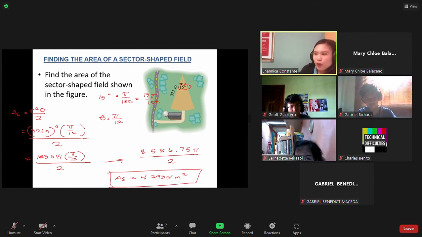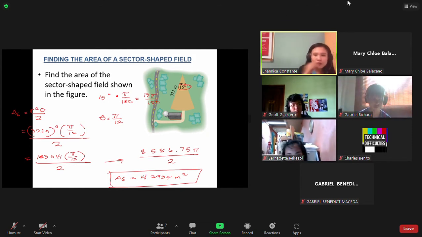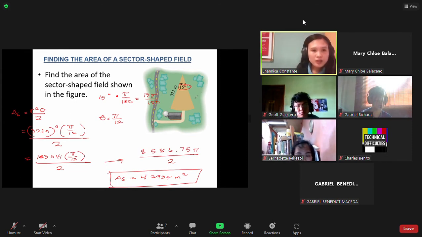But if we're going to convert this area of sector by giving the value of pi, which is 3.14, it will proceed to 13,488 or 13,500. That's how we solve if the angle given in the figure is in terms of degrees. Kailangan mo nang i-change into radians the angle degrees that we have.